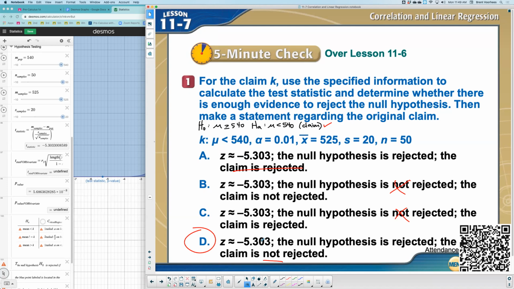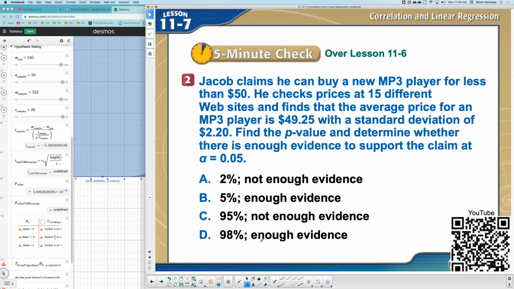All right, now let's take a look at number 2. It says Jacob claims he can buy a new MP3 player for less than $50. So the claim is he can buy it for less than 50, not equal to, which means the alternative hypothesis is that the mean is less than $50.